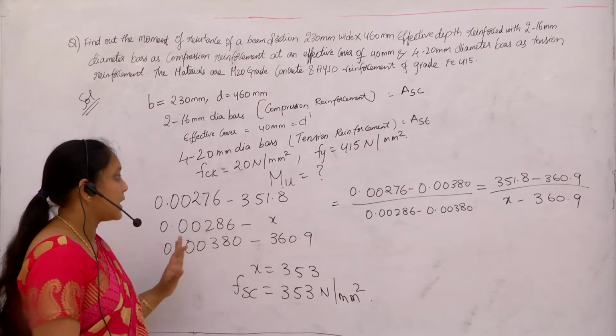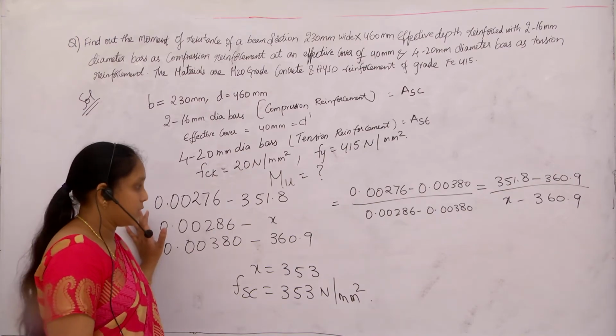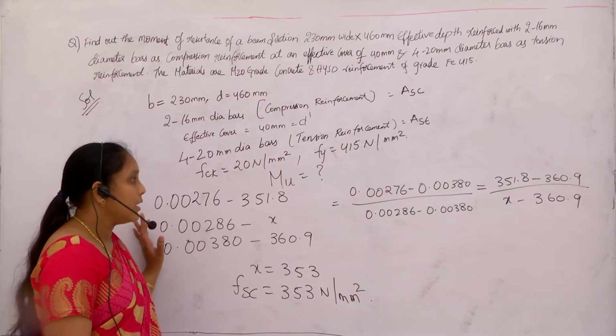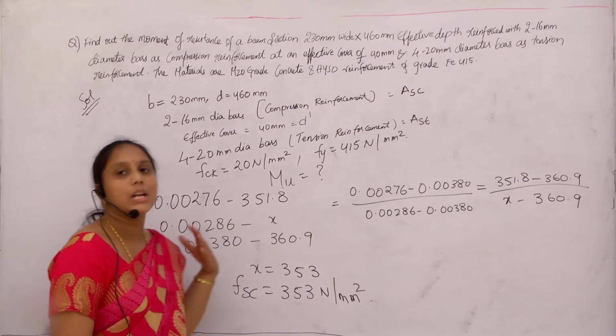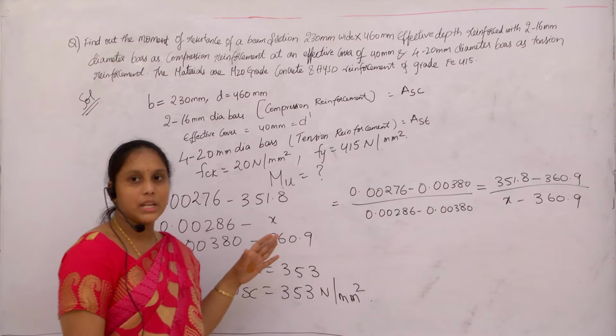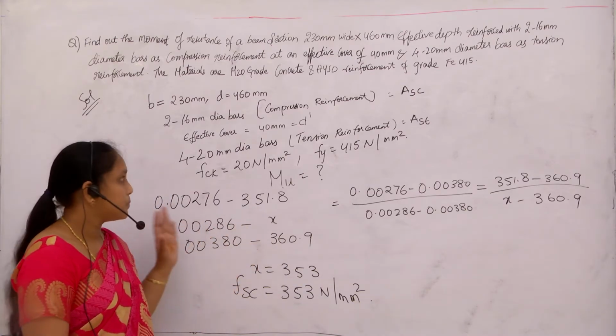So now I have calculated the fsc value based on the stress strain curves for steel reinforcement, which is given in IS 456-2000. You can also calculate it by considering the d dash by d value for different grades of steel.